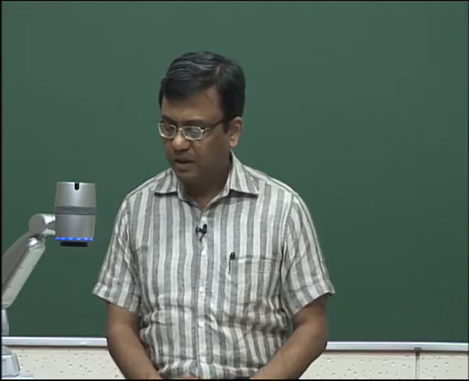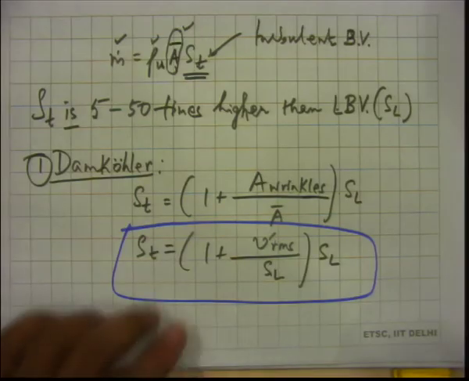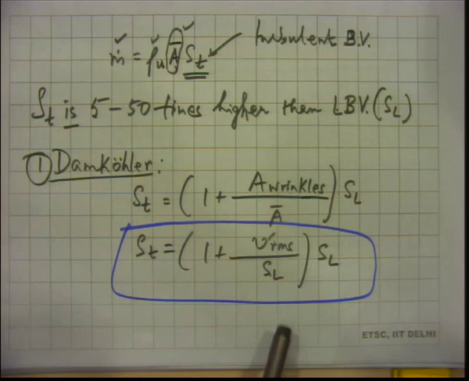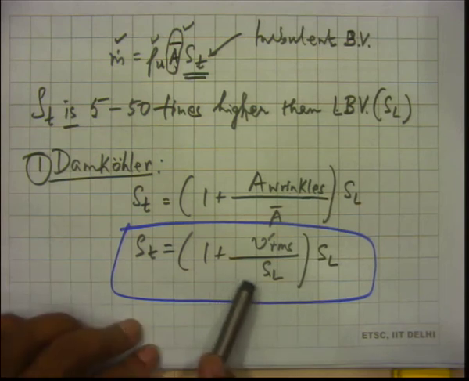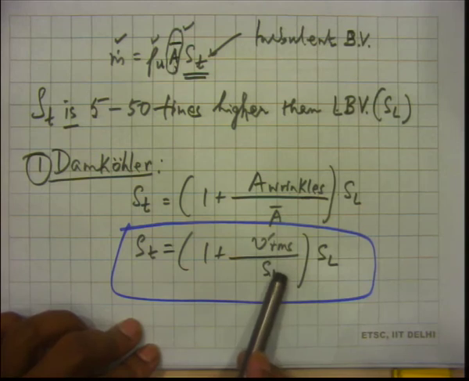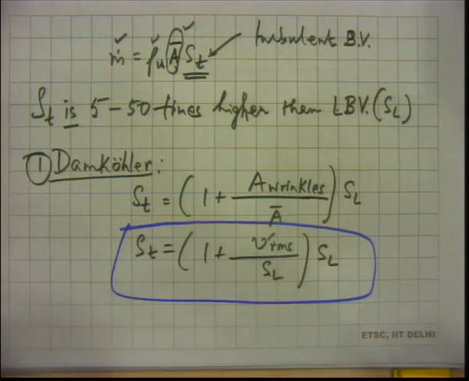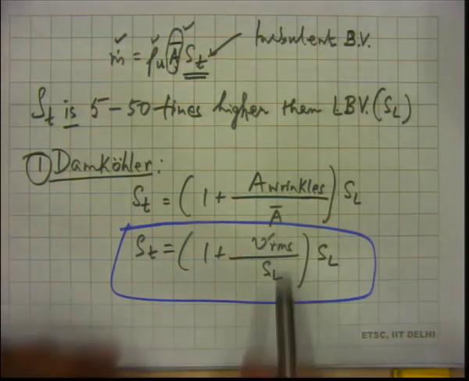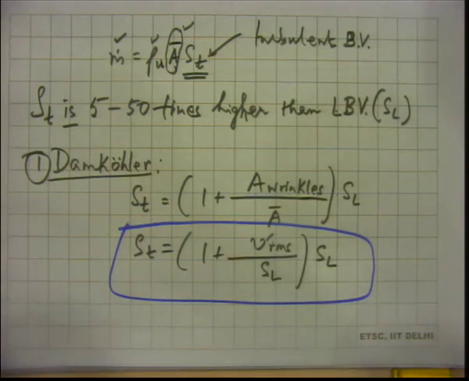Yeah, so actually that's a good question. In fact, he wrote this with A bar going with SL, the average area going with SL, and the wrinkles going with the fluctuations. The wrinkles going with the fluctuation and the main area going with laminar burning velocity.